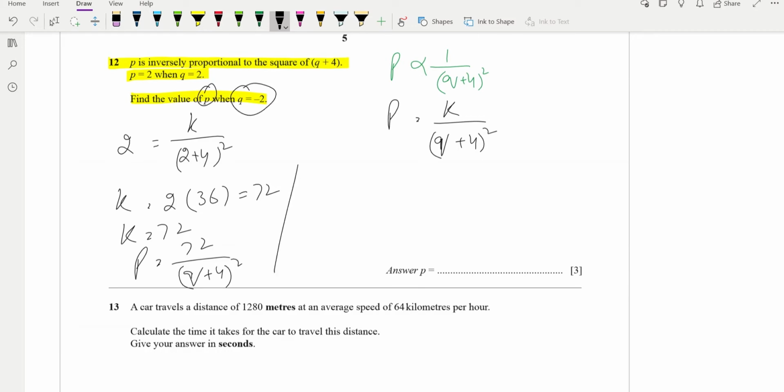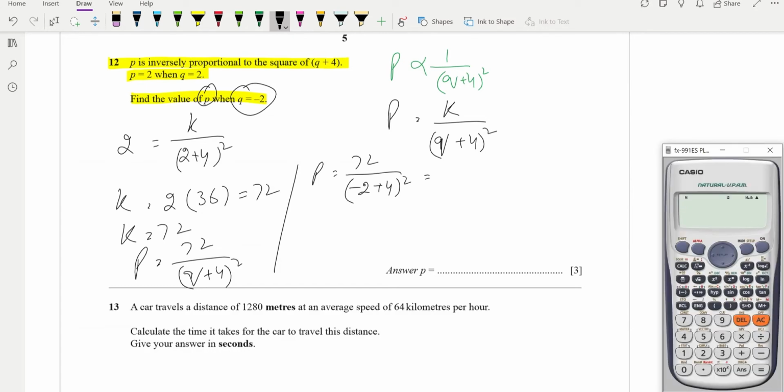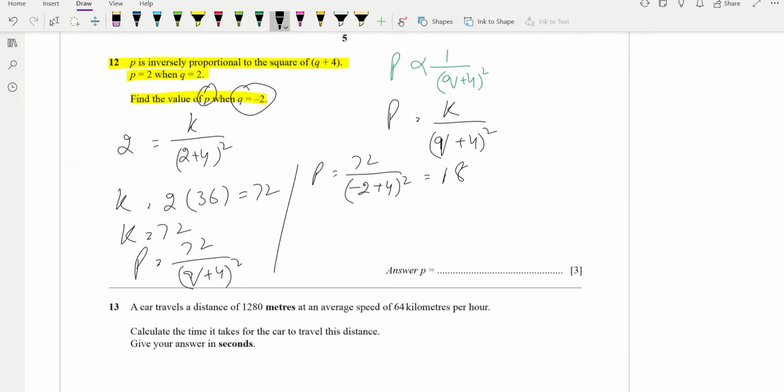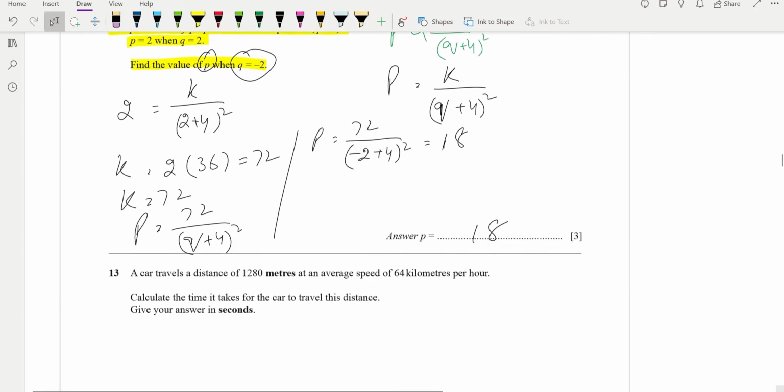So we will replace q: p = 72/(−2 + 4)², and if we check with the calculator, this will be 72 over in brackets minus 2 plus 4, bracket close, squared, and this will be equal to 18. So our final answer, the p value, will be 18. Hopefully you understood this.